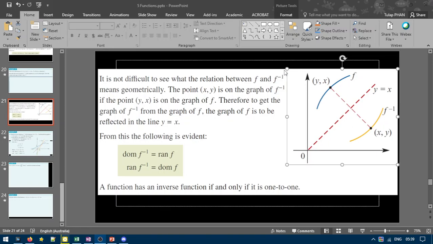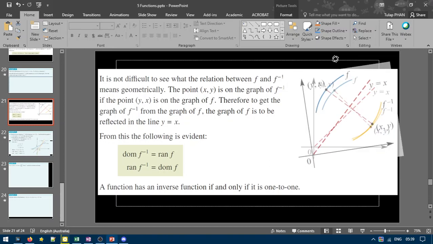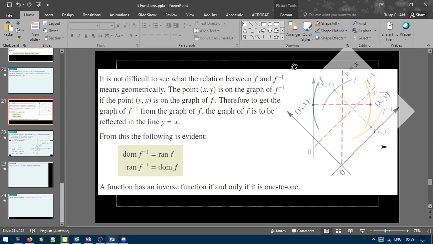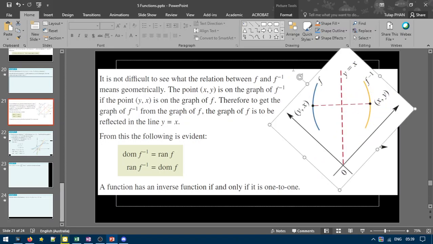To graph the blue curve, what I suggest initially, when you're not familiar with it, is turn this vertically. You see that the line y equals x is vertical, and use that as an axis of symmetry or mirror. So whatever you have for, let's say, your function f in blue, do a mirror image of your inverse function to get a graph of it.